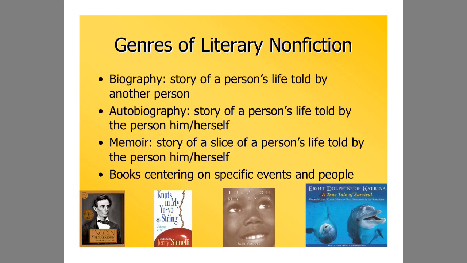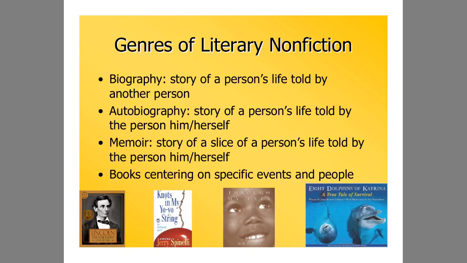And I also consider literary nonfiction to be books that center on specific events or people that tell a story, that don't just describe an event, or they don't just describe people and animals, but they also make a story out of it. One example that was published fairly recently is 8 Dolphins of Katrina, A True Tale of Survival, which is a book that has some local flavor.